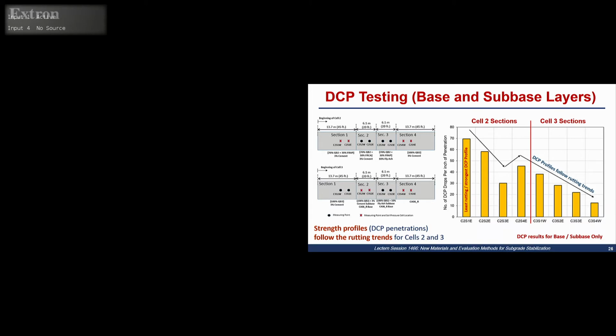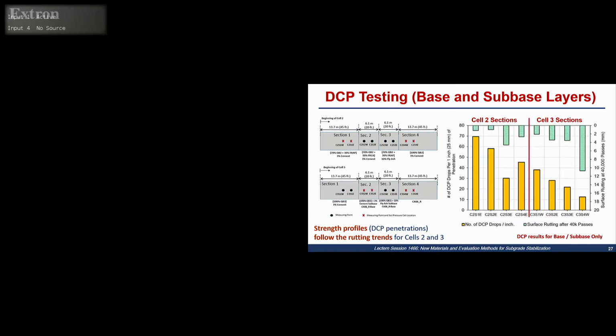And if you see those, like this section here, that's the section that had the FRAP and the QB. That was the strongest section, the best performer, along with this section, and they had the highest number of drops required to penetrate 1 inch in the material. So overall, the trends here follow the trends of the rutting very closely. And I have an example here for you.